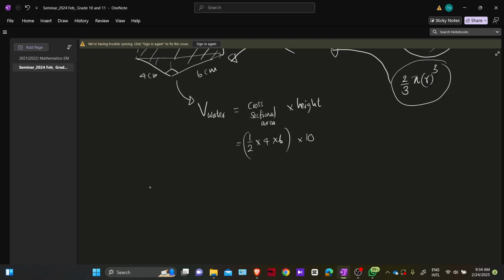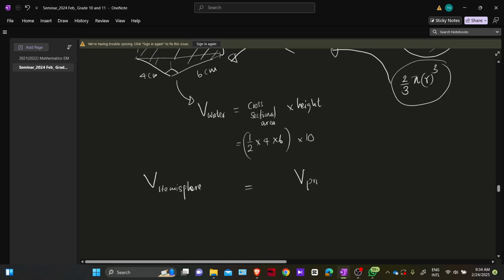So we can write volume of the hemisphere is exactly equal to the volume of the prism. This is 2 over 3 pi r to the index 3.